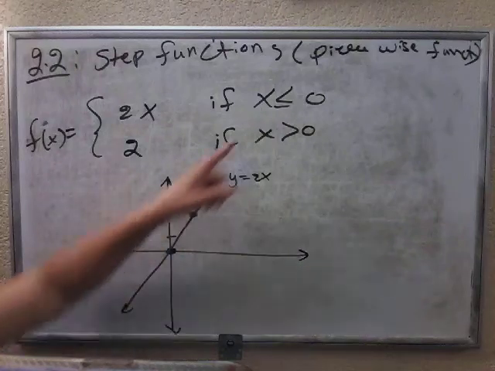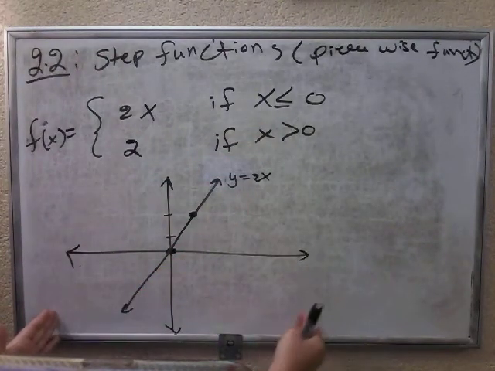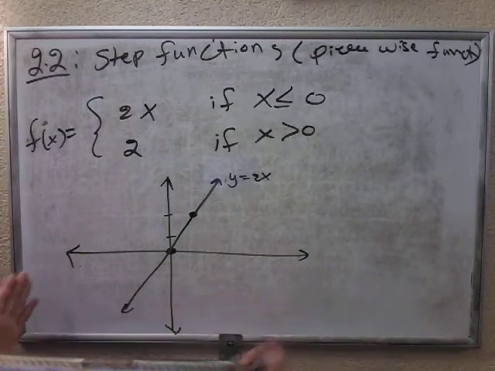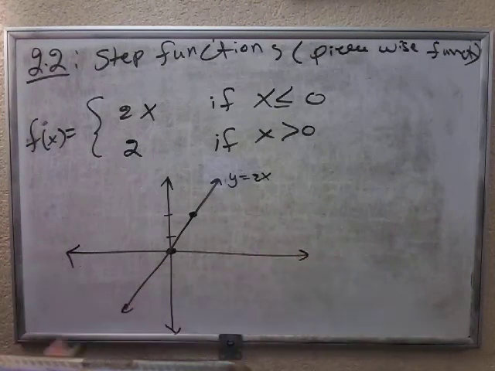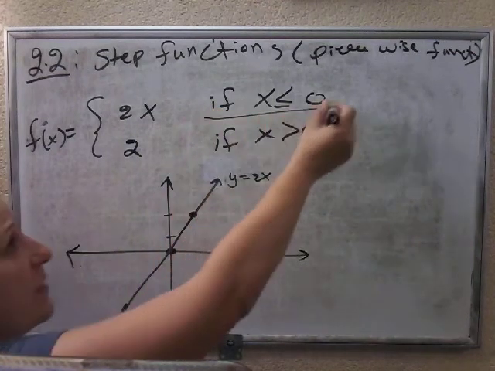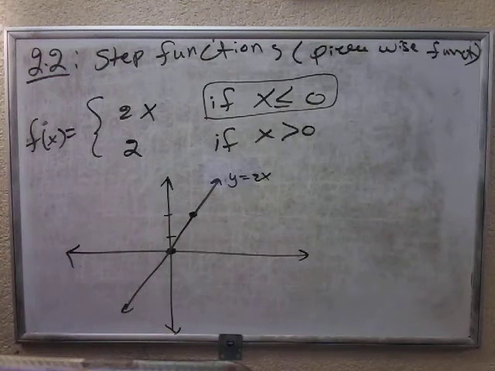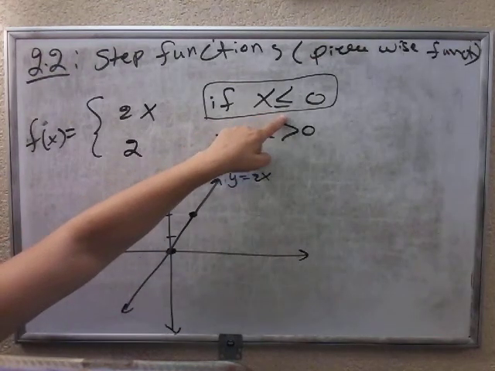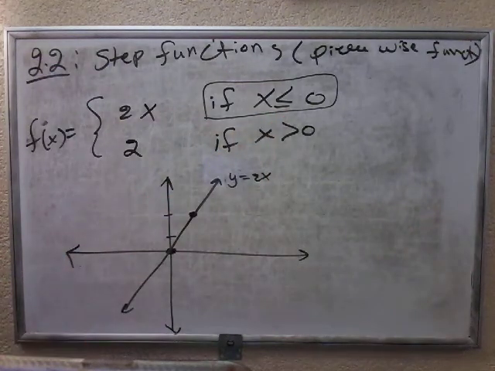If I graph this, it is from negative infinity to positive infinity. It's telling me x can be anything from negative infinity to positive infinity. But that's not true. This is telling me where to start and where to stop. This is only true if x is less than 0 or equal to 0.